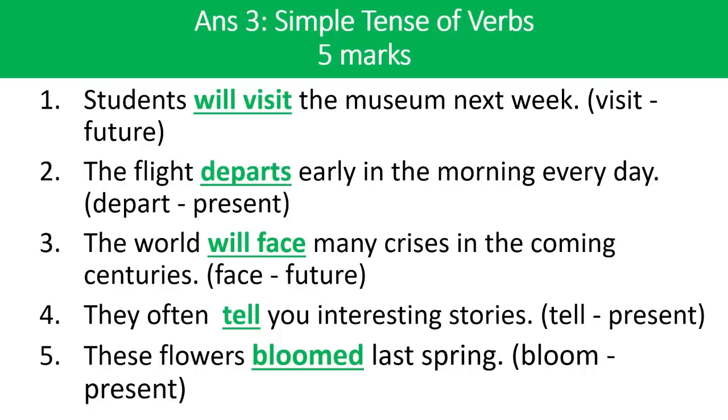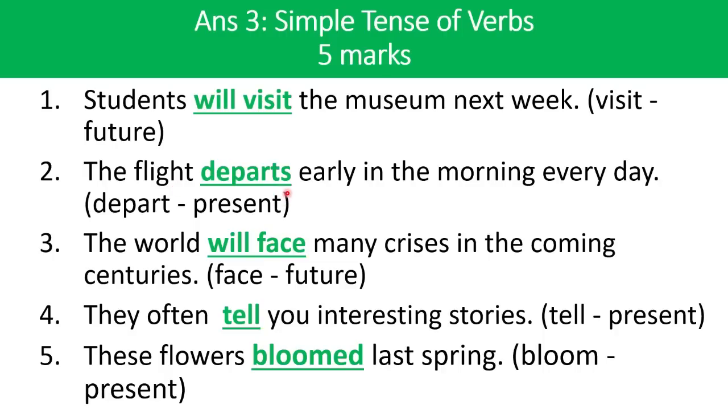Here in the simple tense, you might remember that the verb in the present form becomes singular and plural. A singular verb is one where you use S. This only happens in the present tense, and that is singular with S, plural without S. So here flight is singular, we have departs.